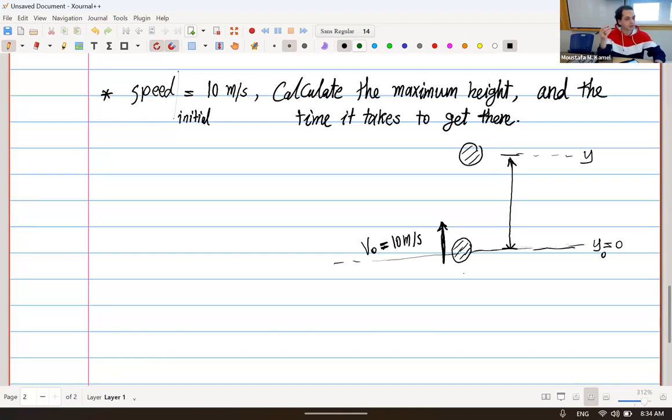If I'm looking at the maximum height, then instantaneously the final velocity is 0. So when the ball is up top, v is 0, right? Initial velocity is positive because it's moving upwards. Acceleration is acting downwards because it's acceleration due to gravity.